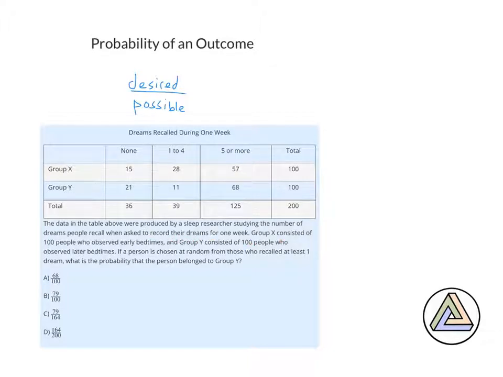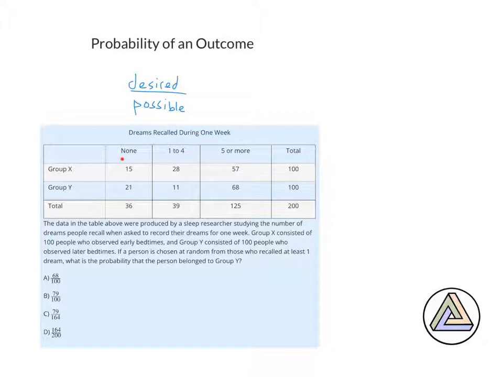Group X consisted of 100 people, that's right here, who observed early bedtimes. Group Y consisted of 100 people also, that's that row, who observed later bedtimes. If a person is chosen at random from those who recalled at least one dream, what's the probability that the person belonged to group Y? It's good to look at this.